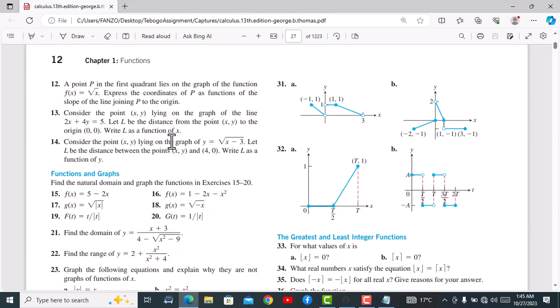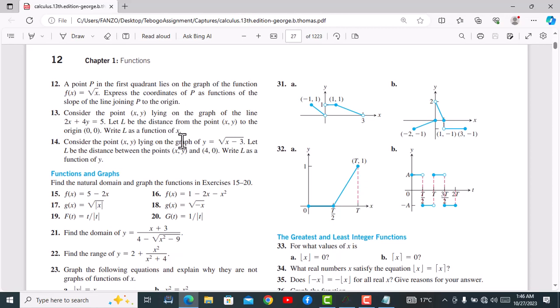I'm also not going to deal with the ones that require writing L as a function of y. We will do them in the second tutorial, because I don't have a computer pen where I can write on the screen and demonstrate. I lack the tools.